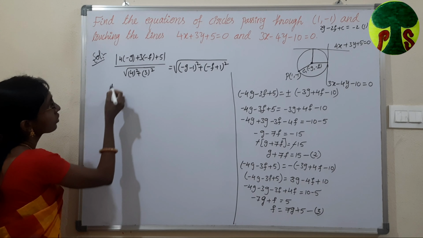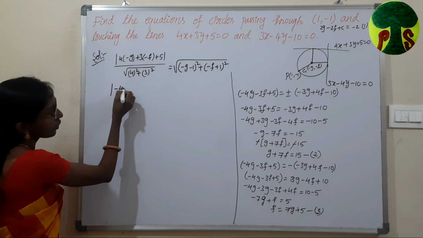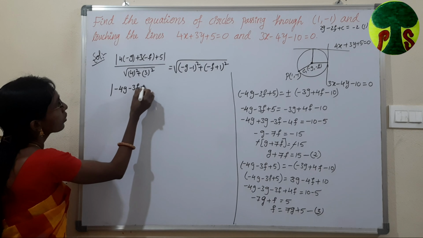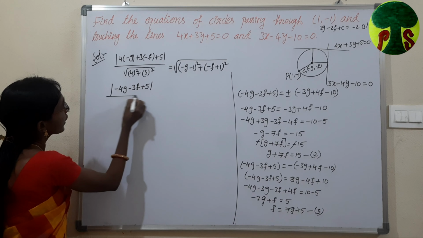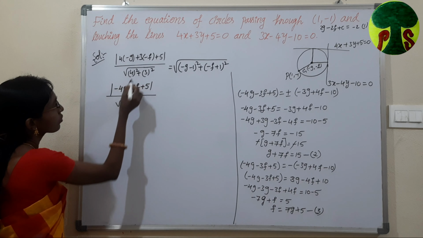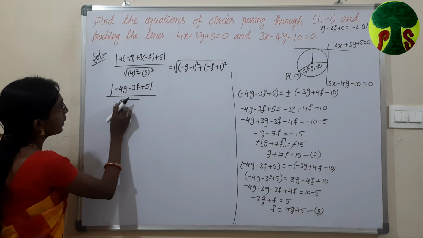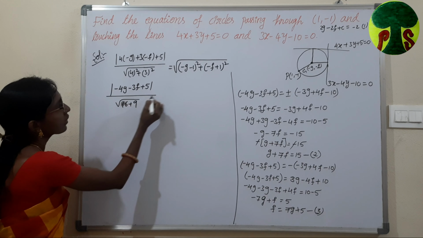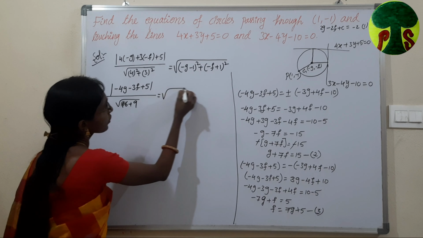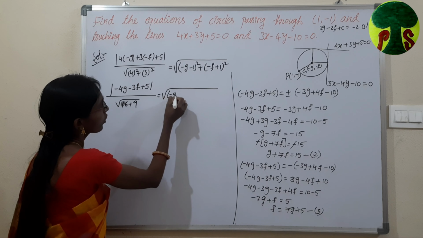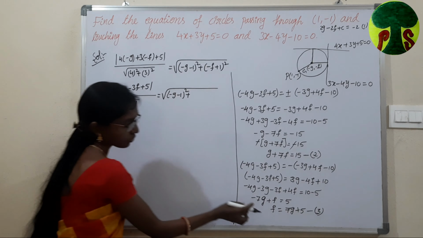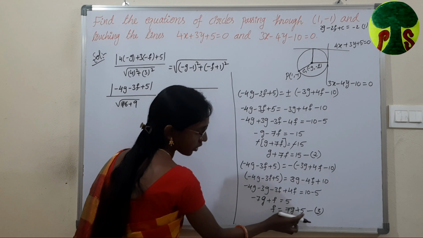So, modulus of minus 4g plus into minus minus 3f plus 5 divided by square root of the value of 4 square is 16 plus 3 square value is 9 is equal to square root of minus g minus 1 whole square plus, in the place of f I want to write the value of f in terms of g.